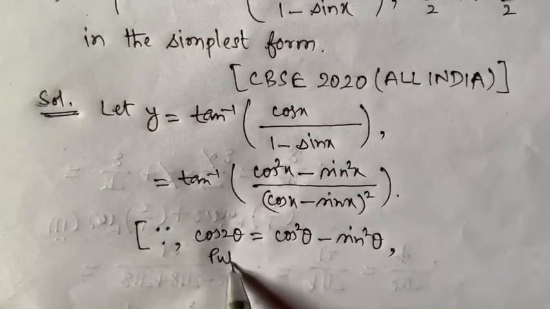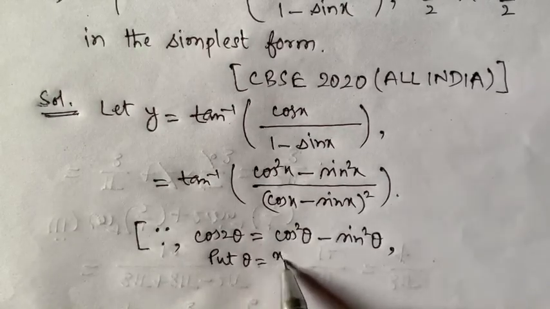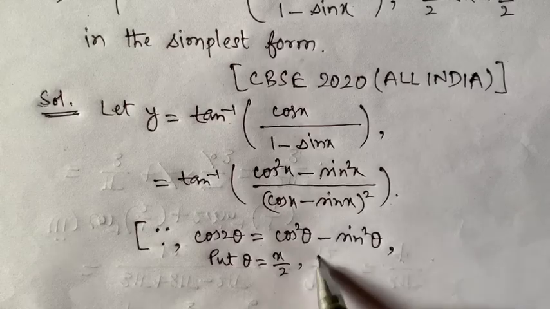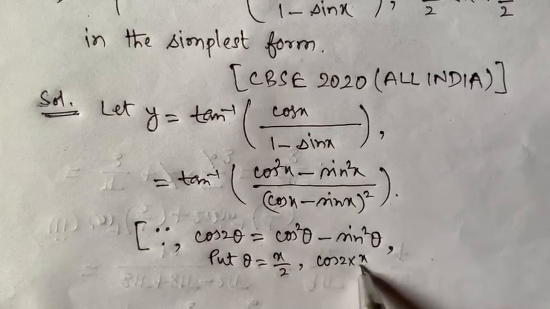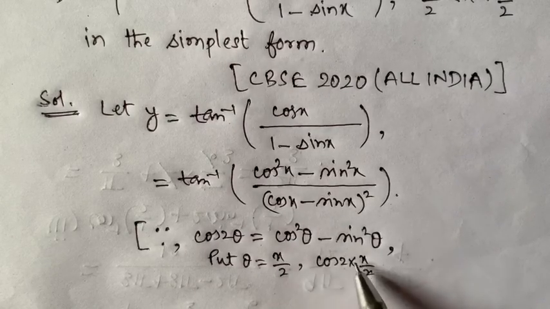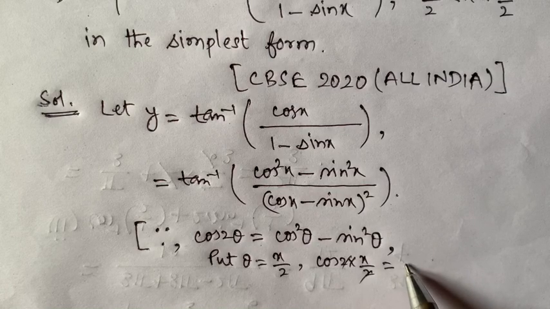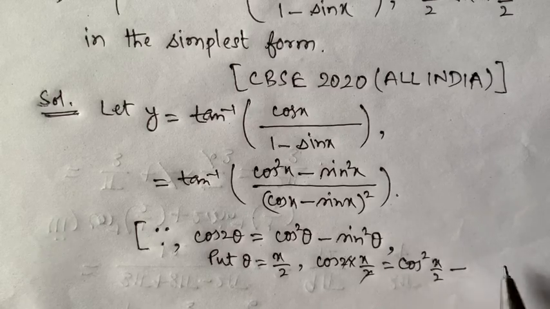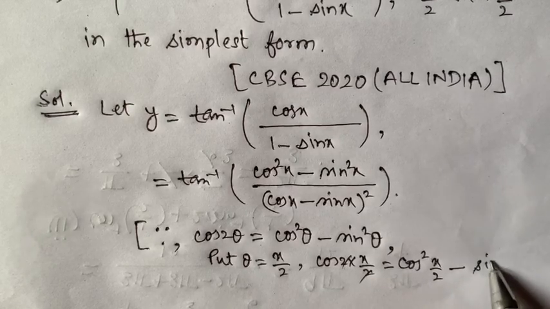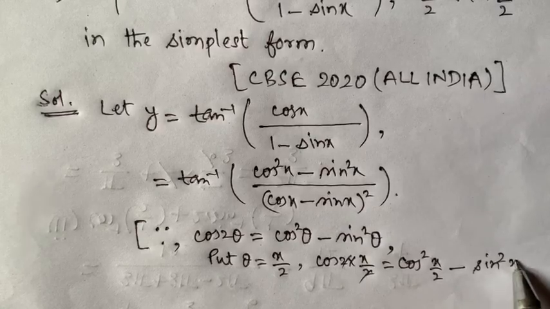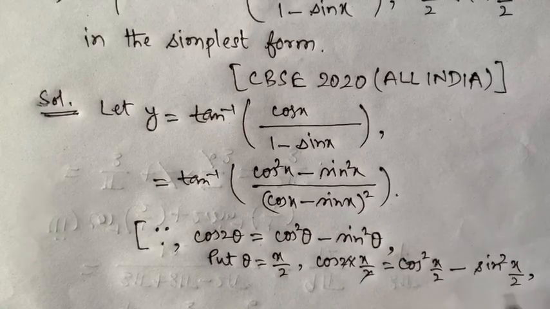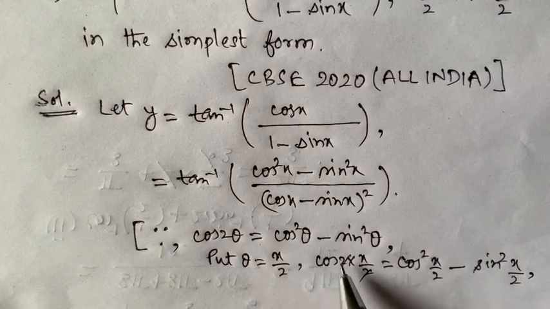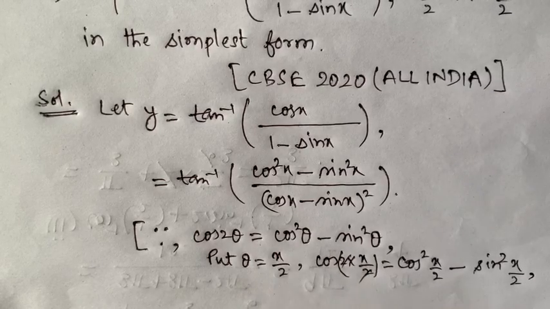Like if we put here theta is equal to x by 2, we will get cos 2 into x by 2. 2 will cancel and we will get cos x, and it will be cos square x by 2 minus sin square x by 2. So it is the formula for cos x.